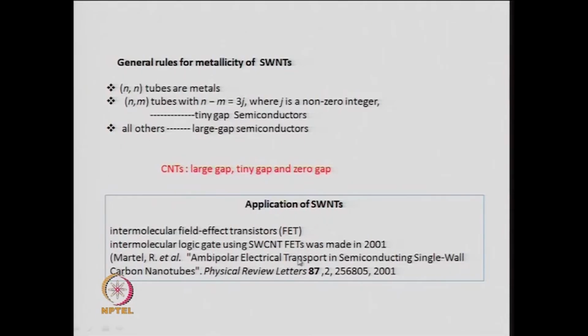Now, the applications of single walled nanotubes have already been shown, and a couple of them are mentioned here. The intermolecular field effect transistor was made using carbon nanotubes in 2001.